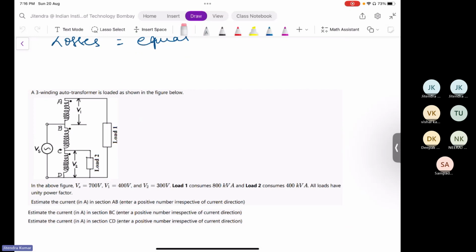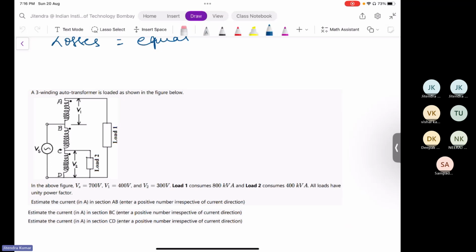Okay, so here the supply voltage is 700 volt, V1 is 400 volt, V2 is 300 volt. Two loads are connected to two different windings of the same transformer. Load 1 is consuming 800 kVA and load 2 consumes 400 kVA. Since Vs is given and V1 is also given, what voltage will appear across load 1?